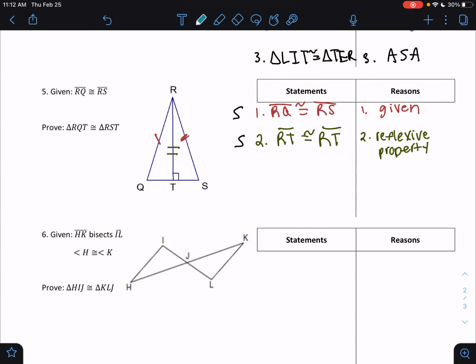So another thing that I see here is that I have a right angle down here, and if I have a right angle there, then this one over here also has to be a right angle, because right angles are going to be congruent when they are next to each other like that. So I will say number 3 can be angle RTS is congruent to angle RTQ.